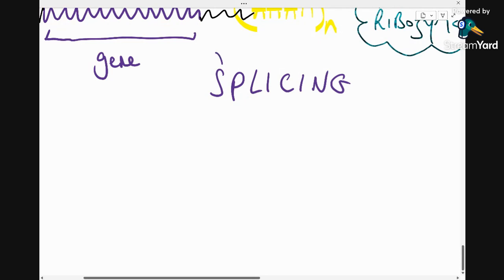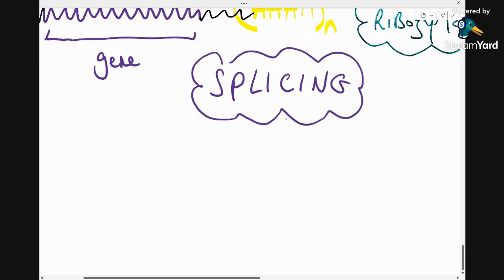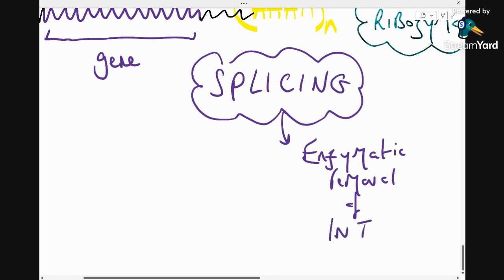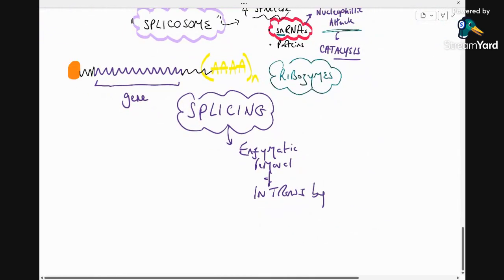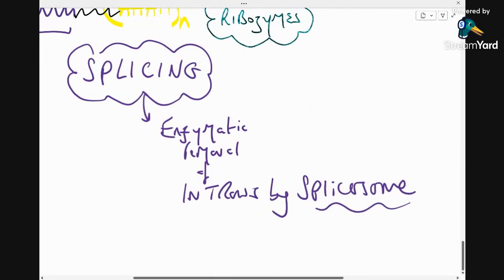Hopefully it makes sense. So splicing is the enzymatic removal of introns, which interrupt the coding sequence. And it's done by the spliceosome, which is mainly made up of RNA, weirdly, and a few proteins.